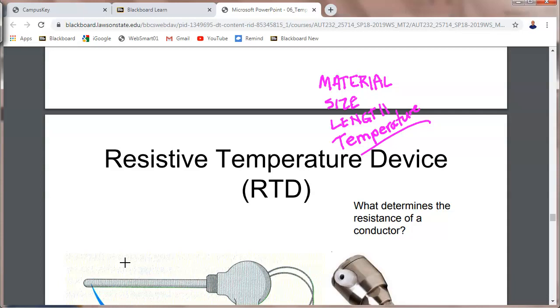NEC rates a 14 gauge wire at 15 amps because it's insulated and it's designed to run through the house, right? You understand that? So NEC says I could run this thing up in Alaska, or I could run it out in New Mexico and it's still rated at 15 amps, right? So they're compensating for the insulation and the temperature it's operating in.